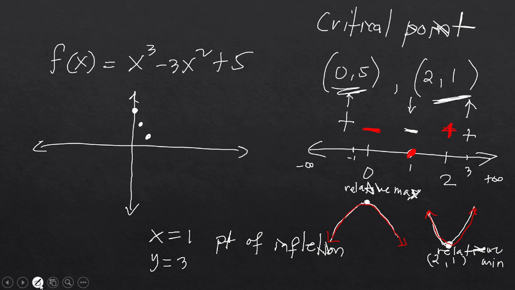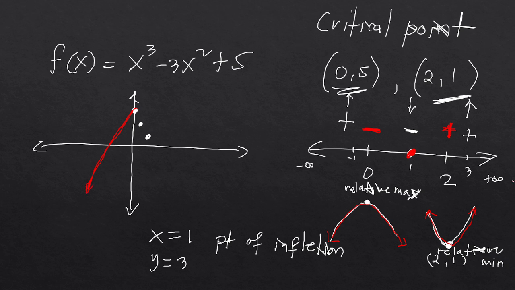So as you can see here, our function from negative infinity to 0, your function there is increasing. So if it is increasing, the slope is somehow inclined to the right. So it will go like this, right? So your graph is somehow a curve that goes like this.